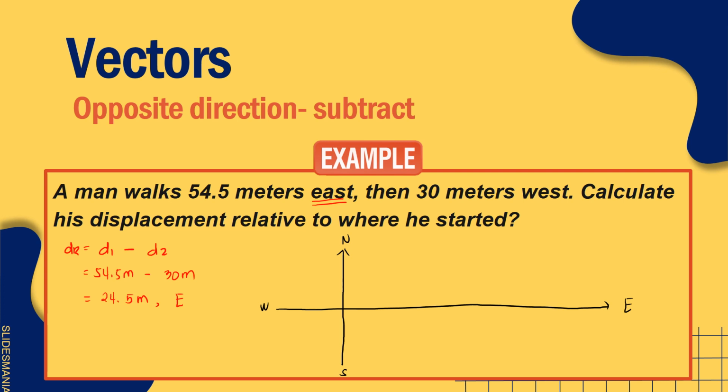First, a man walks 54.5 meters east, assuming that this is already 54.5 meters, and then 30 meters west. So from this point going 30 meters west, we have to go back.